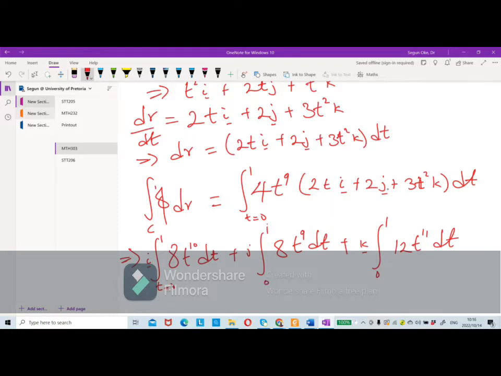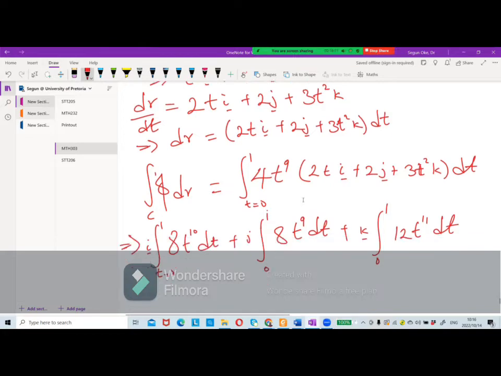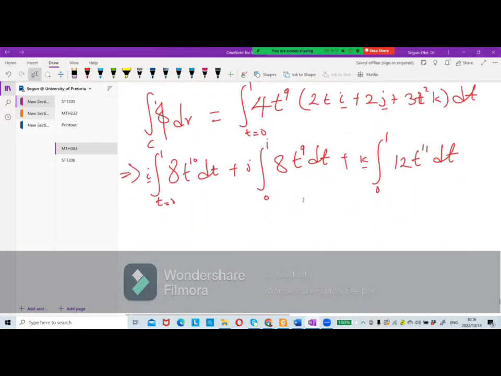So I can go ahead and integrate them one after the other. When I integrate the first one, what do I have? 8t raised to power 11 over 11.